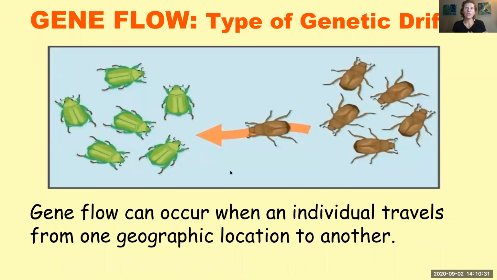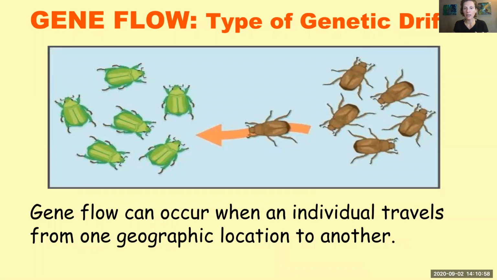All right, gene flow. So this is where populations may be fairly isolated, but then occasionally you do have an introduction of new genes. In this example, I think you have beetles that hang out on the grass and beetles that hang out in the soil. The grass beetles are green, the soil beetles are brown, but on that edge zone, you're having some gene flow.